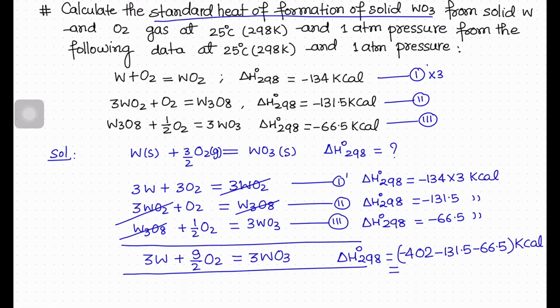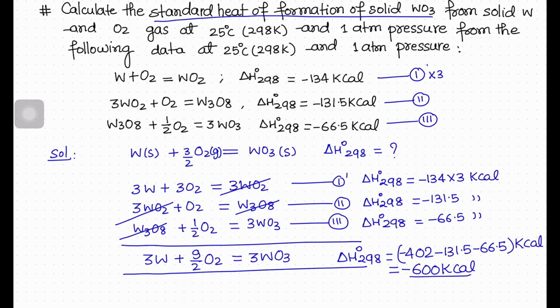So what we are getting as the total, we will simply calculate that. By calculation it is 402 plus 131.5 plus 66.5. We are getting a total of minus 600 kilocalorie.